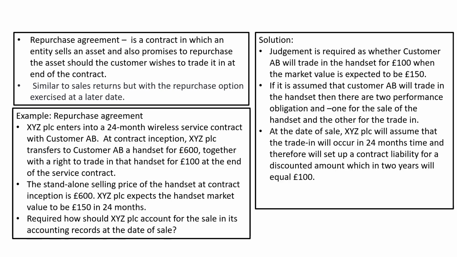At the date of sale, XYZ PLC will assume that the trade-in will occur in 24 months' time and will therefore set up a contract liability account for the discounted amount, which in 2 years will equal £100. The balance of the transaction price is credited to revenue.